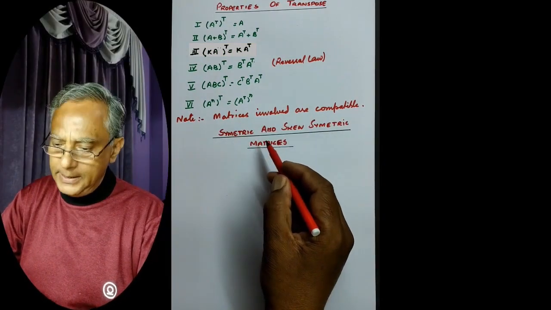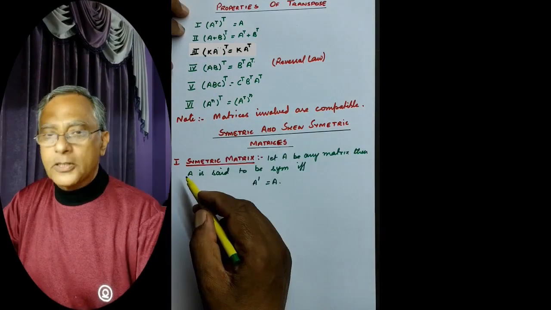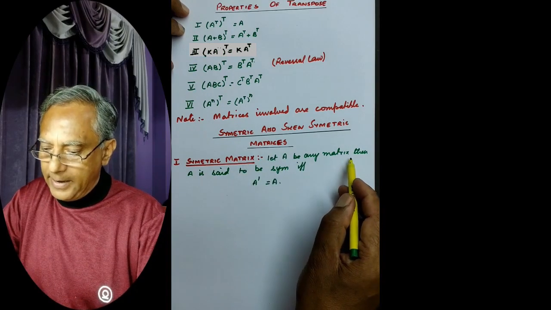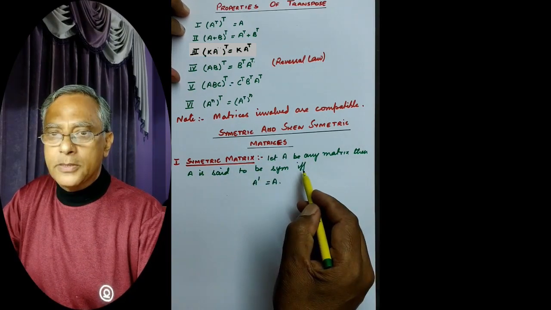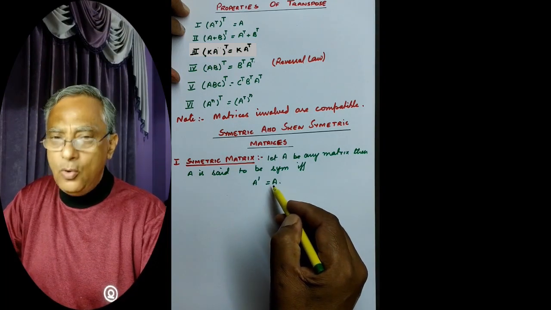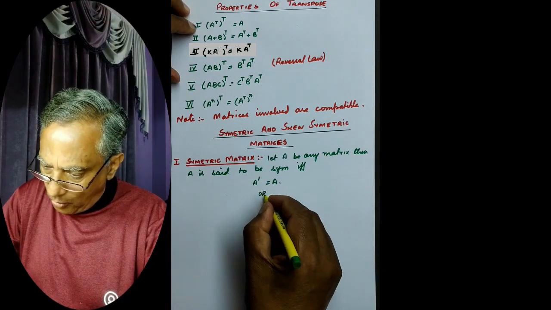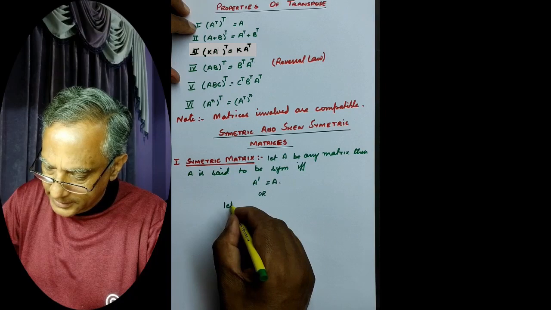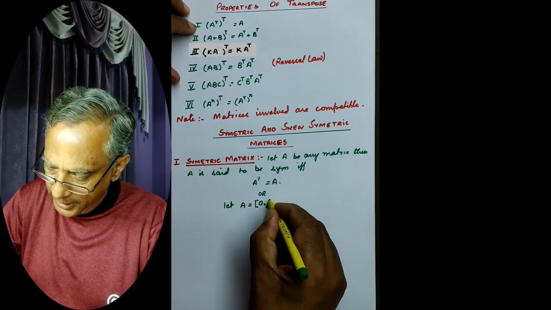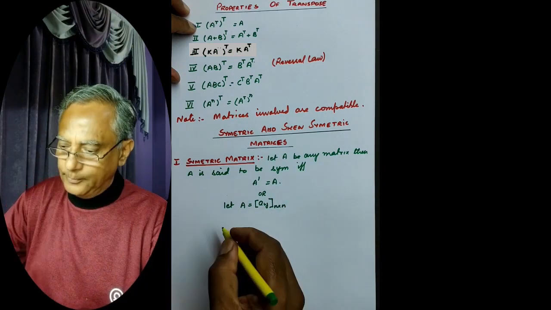The next topic is symmetric and skew symmetric matrices. First of all, we define symmetric matrix. Let A be any matrix, then A is said to be symmetric if and only if A transpose is equal to A. Or we can also define this in mathematical form as let A be equal to Aij, n cross n.